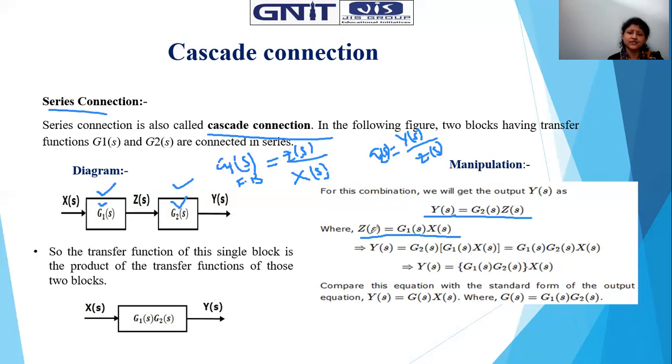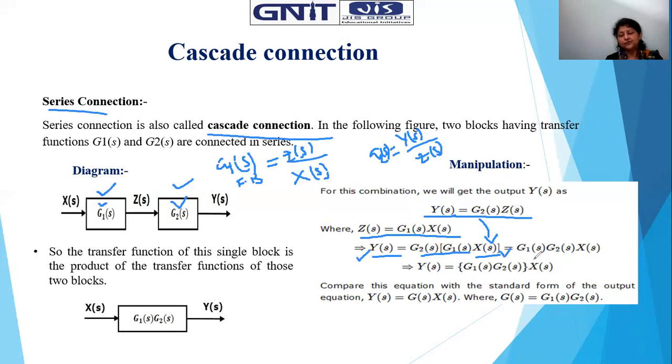Now, as we know, ZS equals G1S into XS. Putting this in, what do we get? YS equals G2S into G1S into XS. Now, what we find is that these are two gains, of consecutive blocks, multiplied with each other. This is the final output, and this one is the excitation.